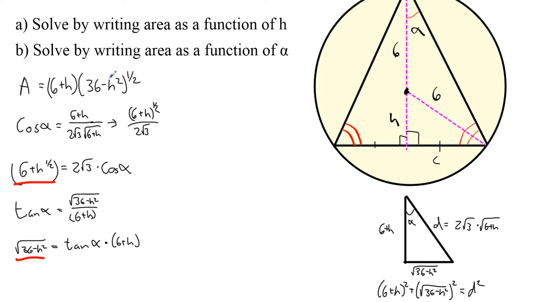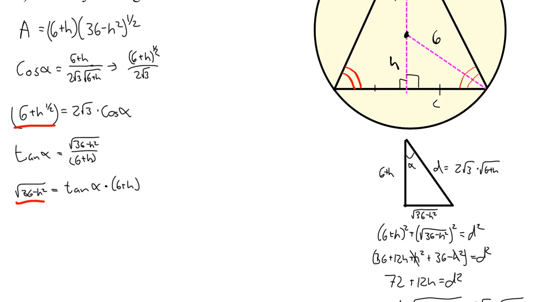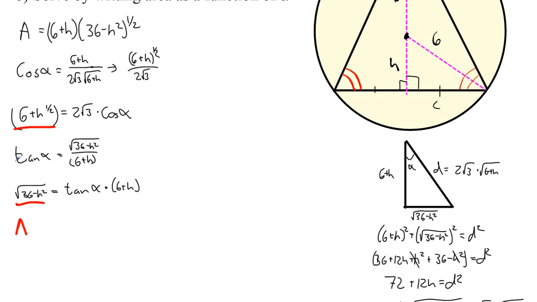All right, I am going to substitute in for 6 plus h our cosine value. So if I do that, I've got my A equals, and so I've got my 6 plus h. I'm just rewriting this one.